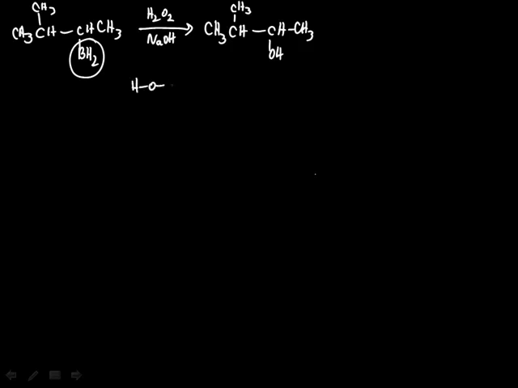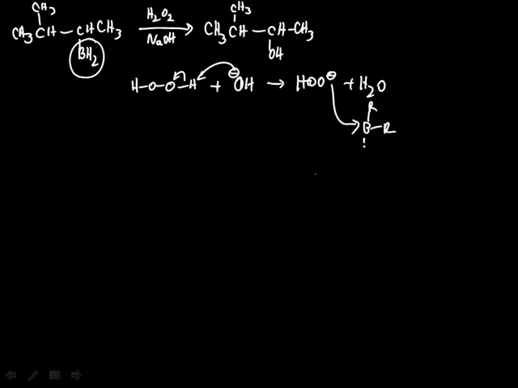The first step in this oxidation reaction is the reaction of sodium hydroxide and hydrogen peroxide. Hydroxide takes a proton away and gives us HOO minus plus water. And now this will attack boron to coordinate to it and give it again an octet.